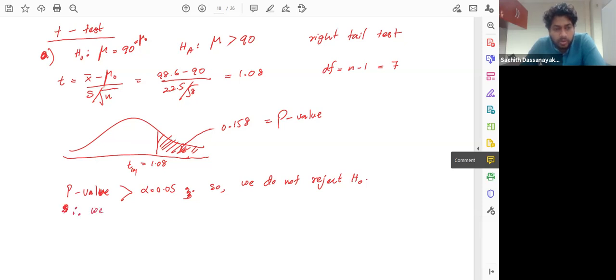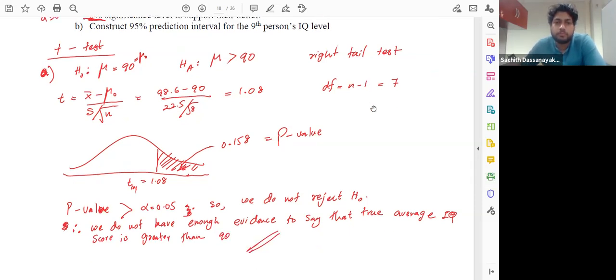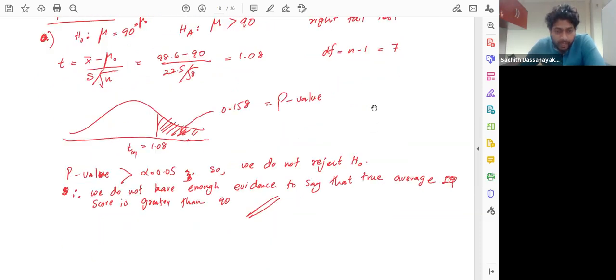The reason is we do not have enough evidence to say that the researchers' claim is true, that the true average IQ score is greater than 90. Clear? This is part A.